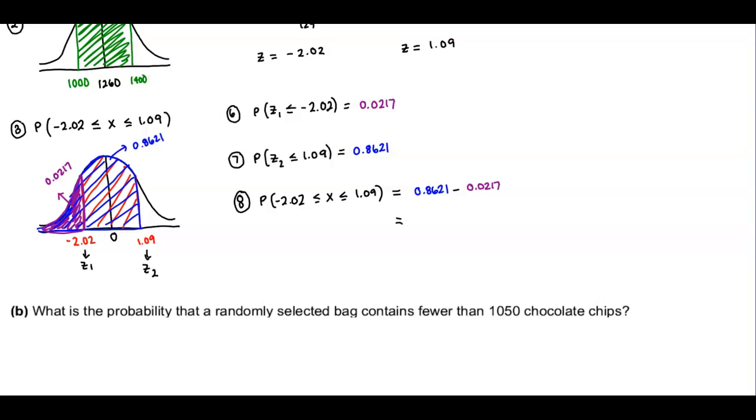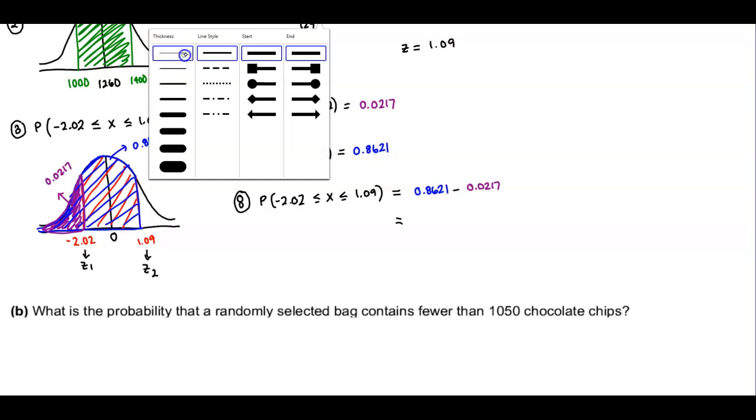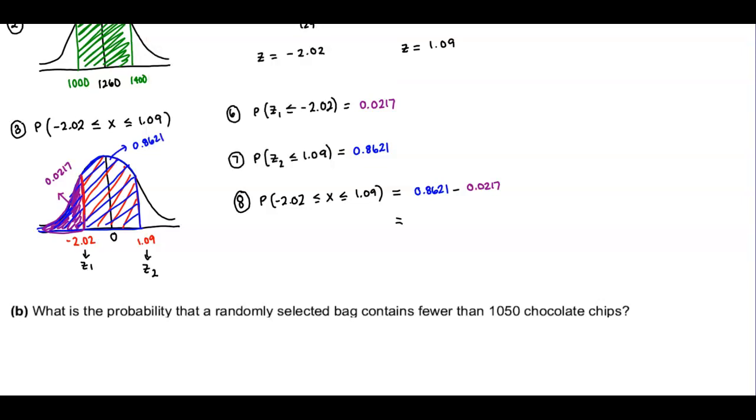When we subtract that, it gives us the area in the middle here. So when we subtract those two, we end up getting 0.8404. And therefore, that is the probability that x is in between negative 2.02 and 1.09.